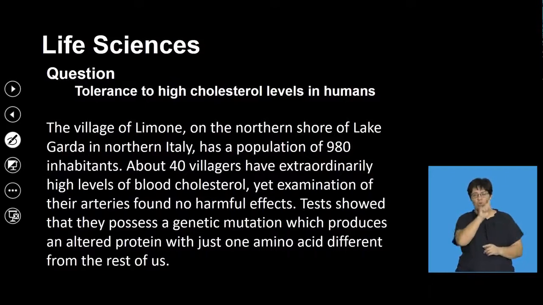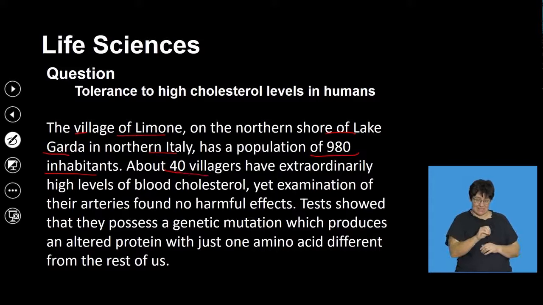So guys, if we look at a question, I'm drawing back to a gene which is used in the tolerance of a high cholesterol diet. A village in Limone on the northern shores of Lake Garda in Italy has a population of about 980 inhabitants.